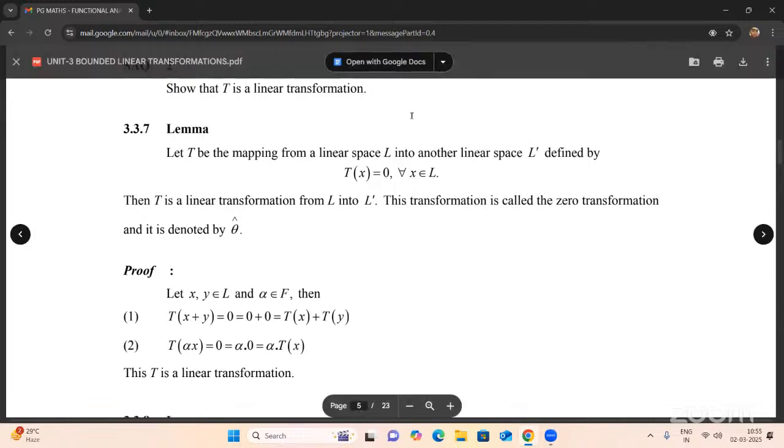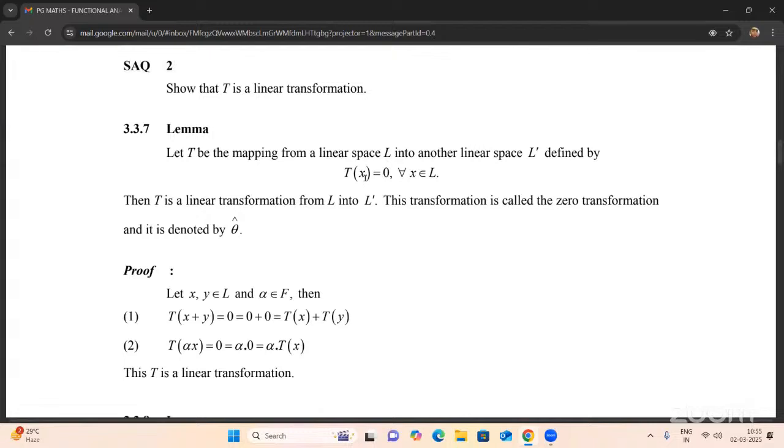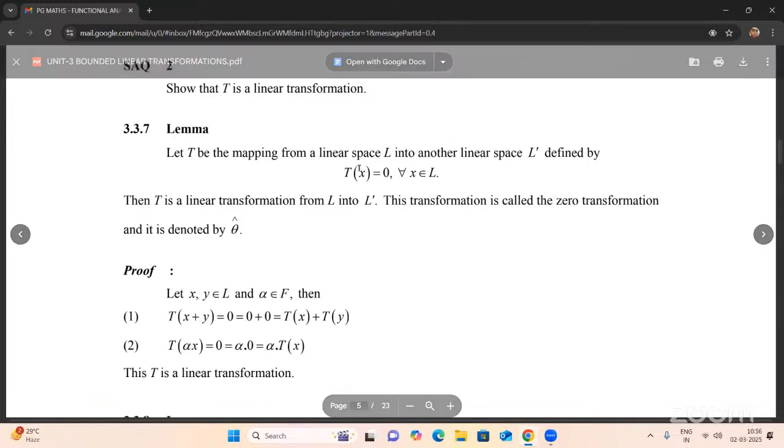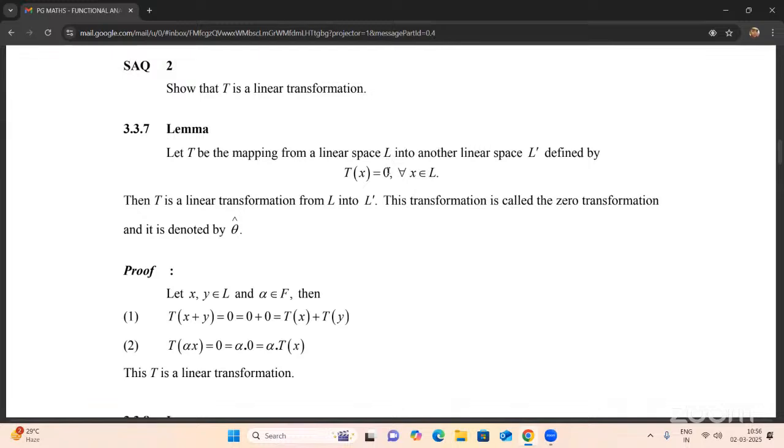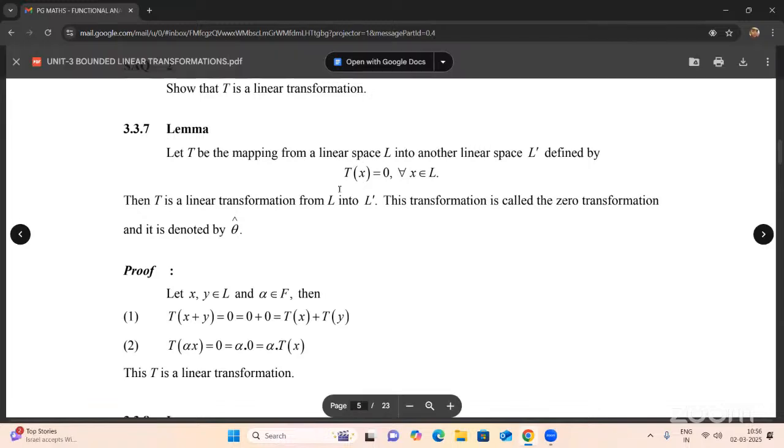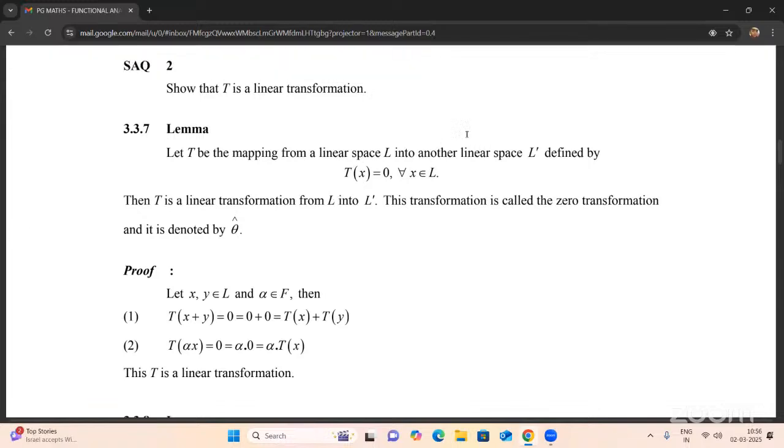Taking an element x in the domain, x belongs to L, T of x equals 0 for all x in L, and 0 also belongs to L dash. So the defined relation is also a linear transformation from L into L dash.